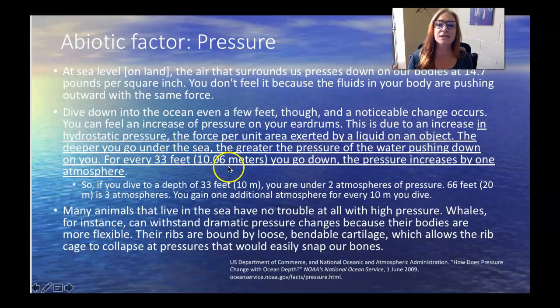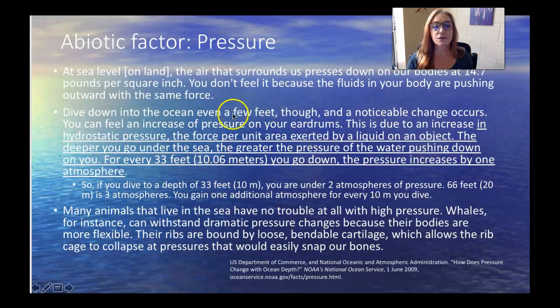And the increase in depth is measured in what we call atmospheres. Up here on land, we exist at 1 atmosphere of pressure. That's the 14.7 pounds per square inch. Every 33 feet, or let's just be smart and say 10 meters, because that's way easier math, right? Every 10 meters of depth that you go down, you're going to increase 1 atmospheric pressure on a body.